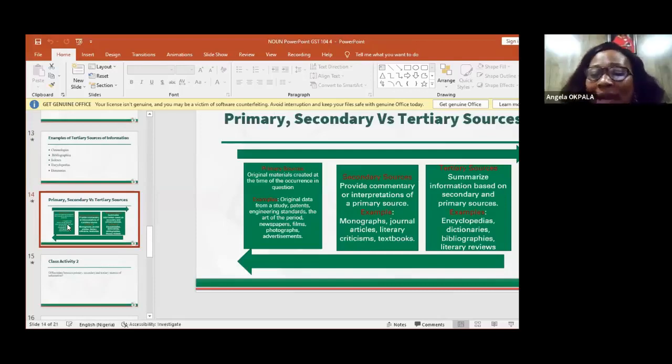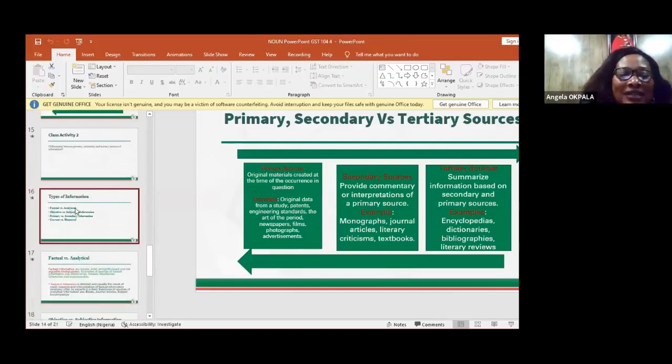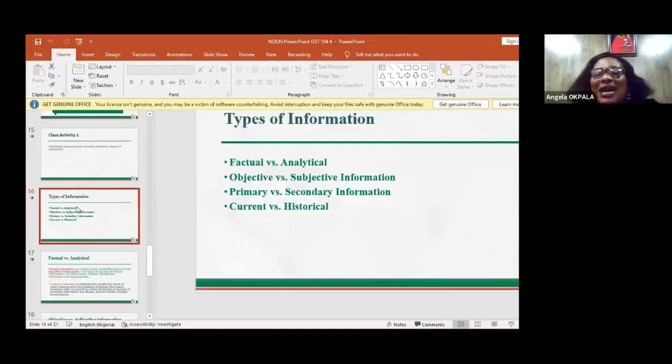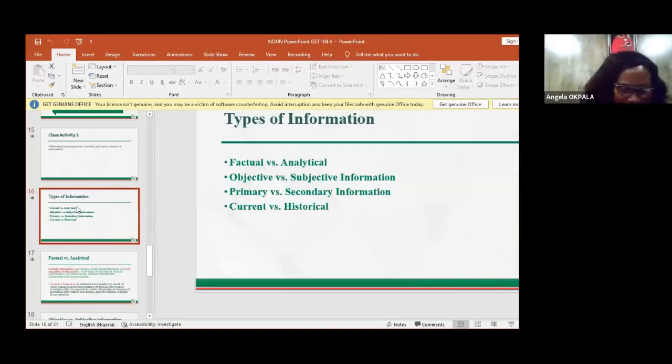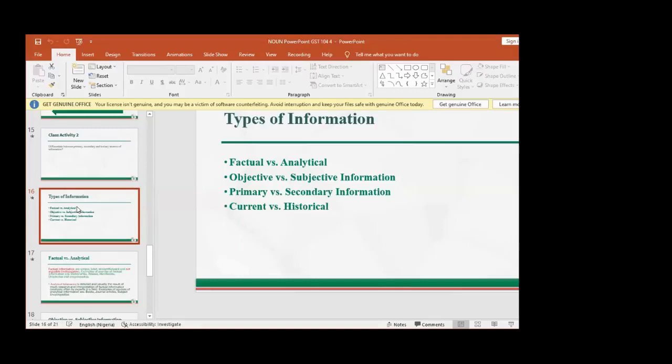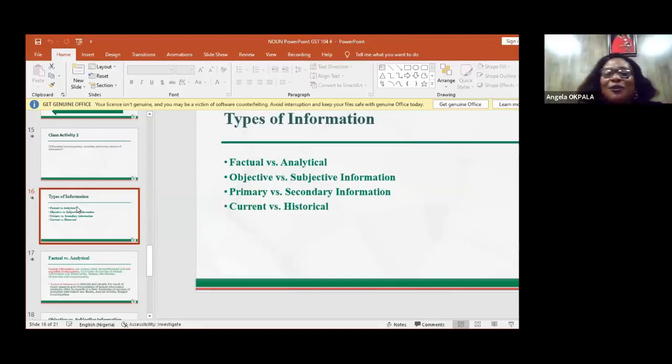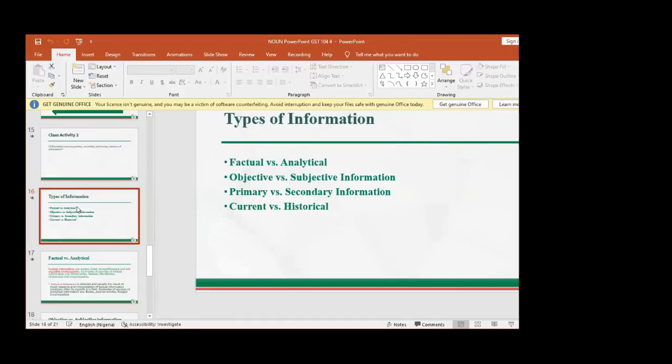You can look at them at your own spare time, but I just want us to look quickly at some types of information, because primary types of information will give you primary information. And what is primary information? Somebody said it in original form. Most times they are factuals.